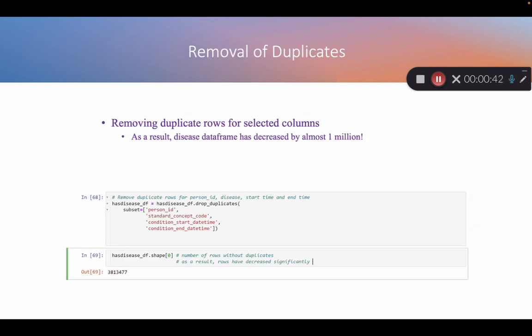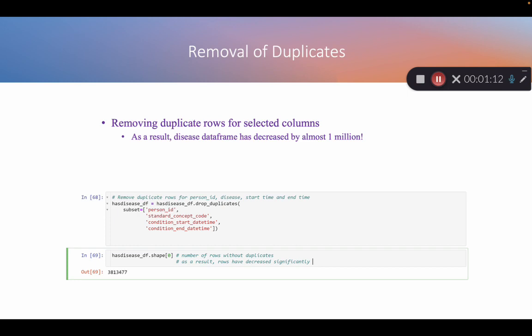And in order to remove duplicates, we have to use the .drop_duplicates function and take a subset of the columns that we want to delete the duplicates in. For this case, we chose to remove person ID, standard concept code, condition start date time, and condition end date time. All of those columns will have their duplicates removed.